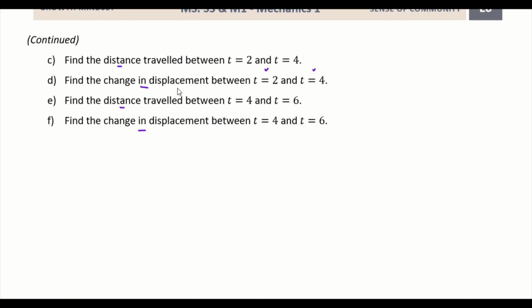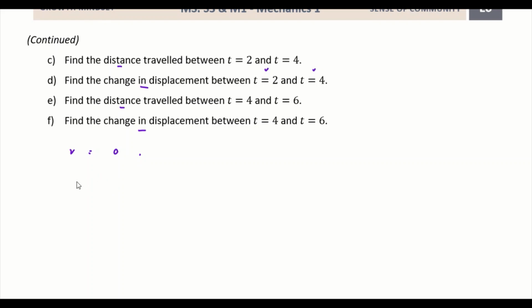To solve all these questions, the first thing we need to do is find out whether the particle changes direction or not. How do we do that? When there is a change in direction, the particle will pause there and eventually stop, so v equals 0.